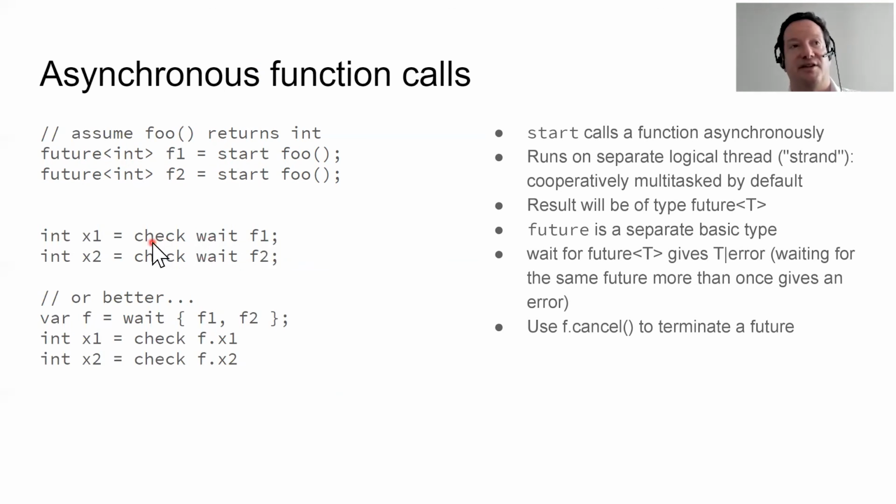Wait can return an error, so you use check. So I've started two functions off, and then I'm going to wait for both of them and get the values back. You can also wait for both of them at the same time, so you don't have to do this.